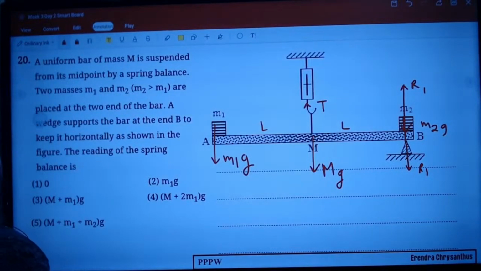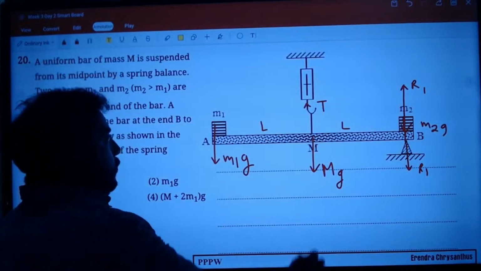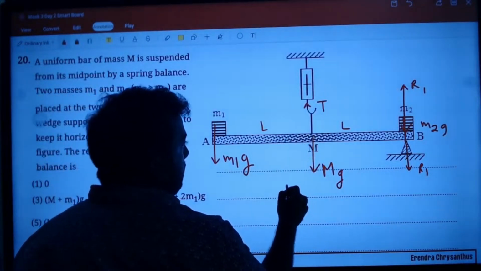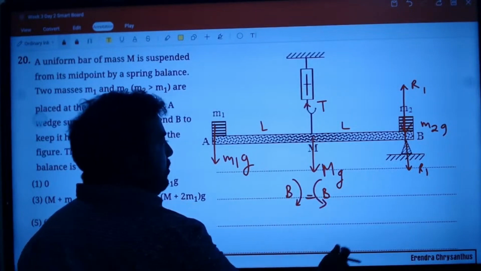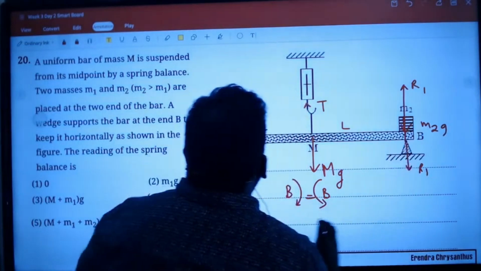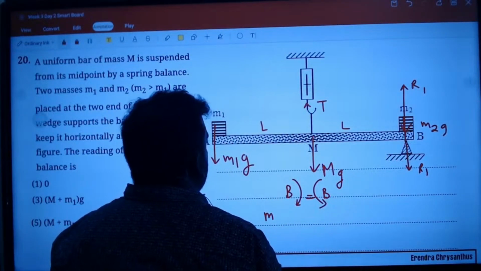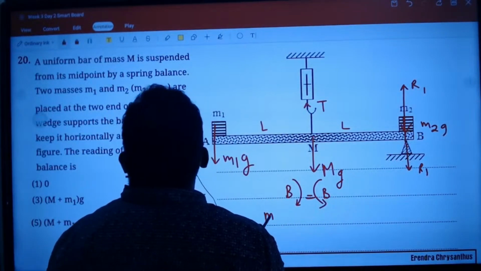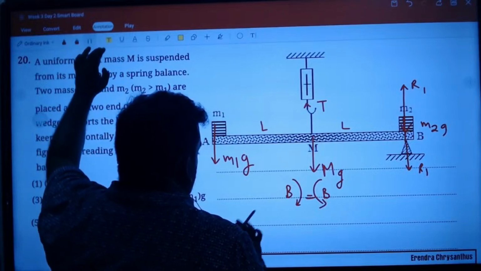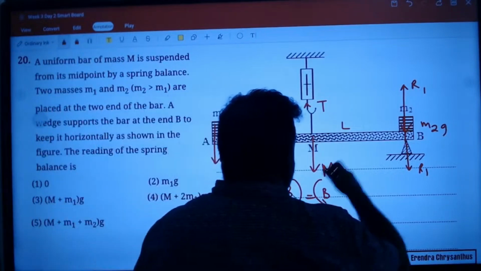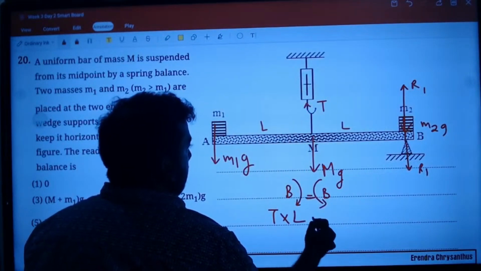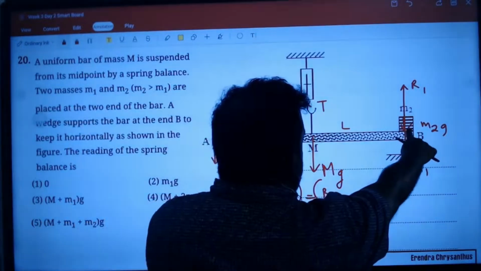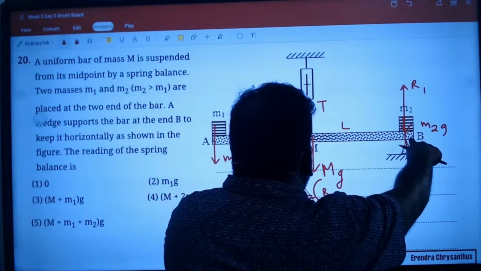What are they asking? Show the force acting on the spring balance. So clockwise moments about B equal anti-clockwise moments about B. Clockwise moments is going to be tension times L. I keep here, R1 won't come.